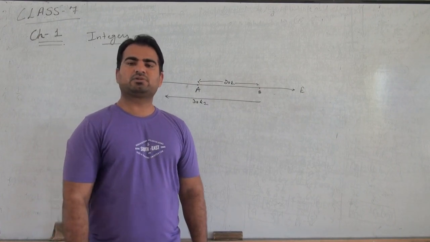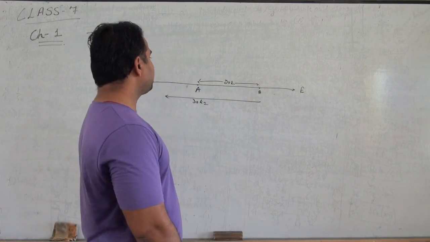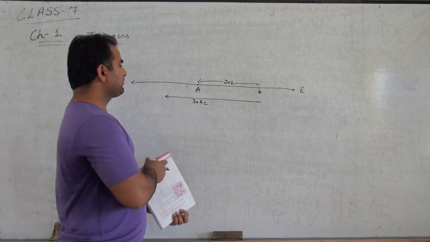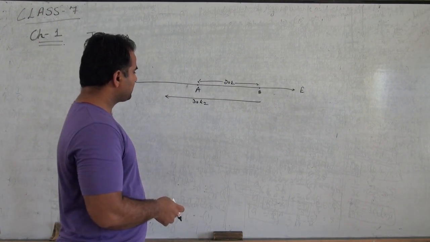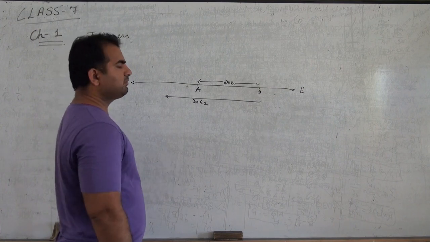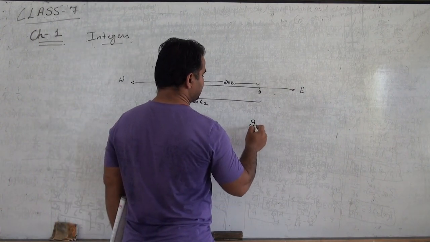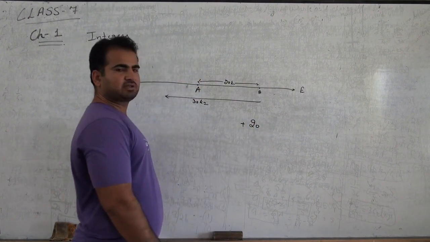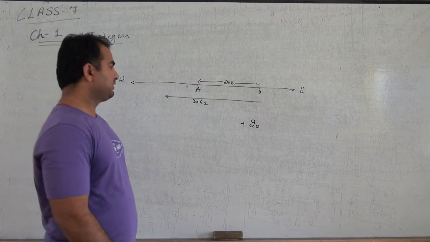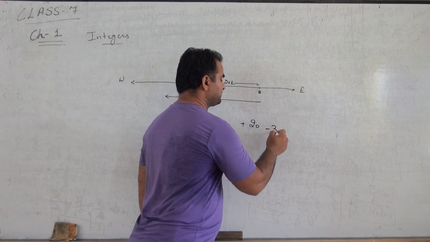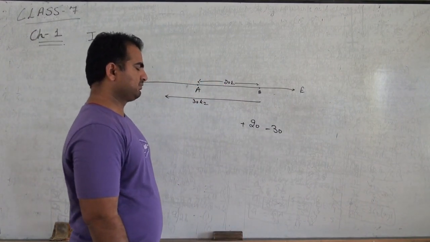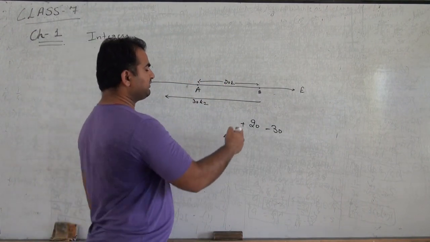We can get to know it by subtracting. We can subtract 30 from 20, or say that 20 kilometers was traveled on the positive side and 30 kilometers on the negative side. So what is 20 minus 30?